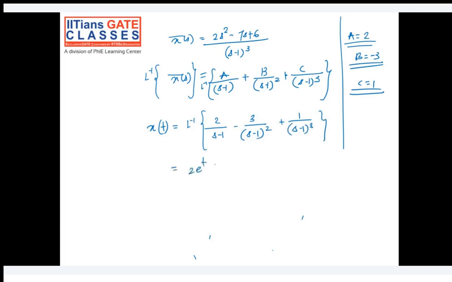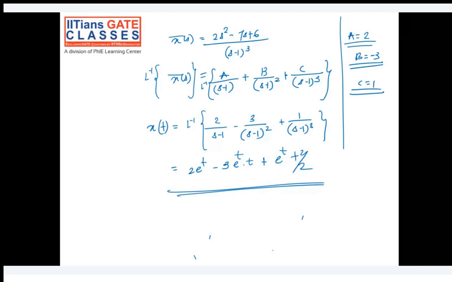Minus 3 by s minus 1 whole square is e to the power t into t, plus e to the power t into 1 upon s cube, whose inverse Laplace transform is t square by 2. So this is the final answer: 2e to the power t minus 3e to the power t into t plus e to the power t into t square by 2. Okay, this is the final answer.